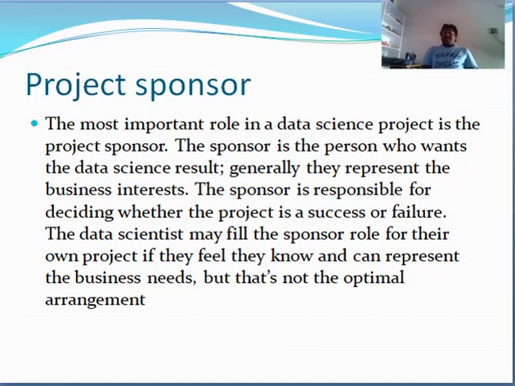But that is not the optimal arrangement. These are the roles and responsibilities of the sponsor. The sponsor is the main important role in a data science project. Keep it in mind, students. Next role is client.